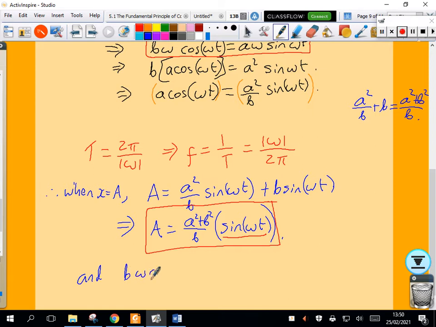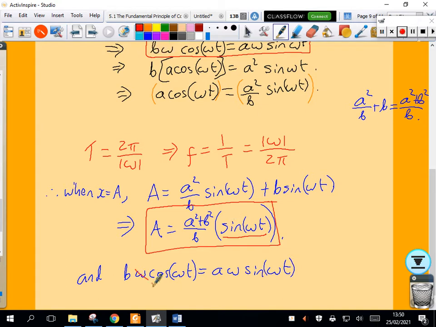Now what I want to do is think about what sine of omega t could be at this moment in time.